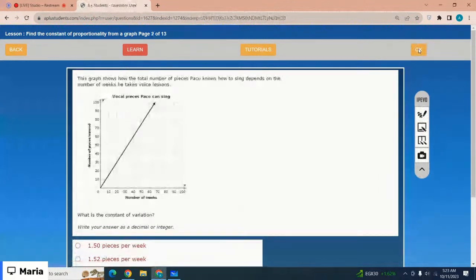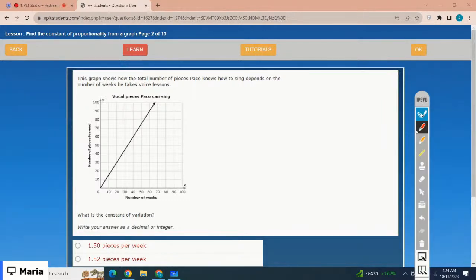Okay, the next one is the graph shows how the total number of pieces Paco knows how to sing depends on the number of weeks he takes voice lessons. What is the constant of variation? Okay, select any 2 points on the graph, 0, 0, and the second one is 20, 30.